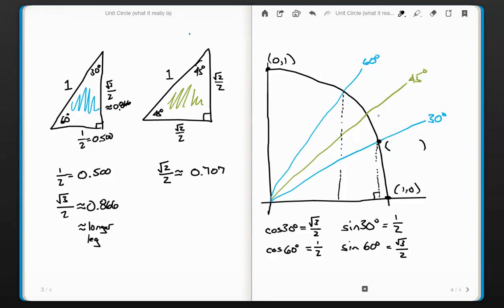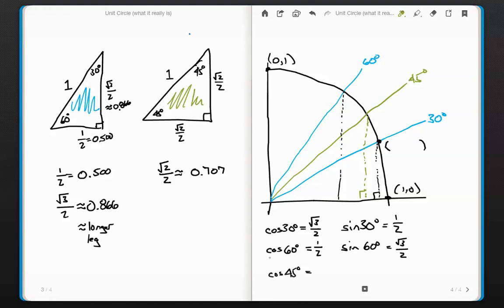What about this one? The cosine of 45, let's say. The cosine of 45 degrees equals, well, cosine is the x-coordinate. We'll do this in green. The x-coordinate is this leg of a 45 triangle. Wait a minute. Both legs are the same.